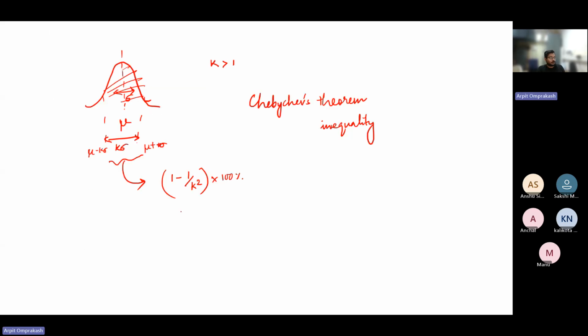This formula works for almost all distributions. Irrespective of whether your data is normally distributed or however it is distributed, this formula works because this is the minimum estimate. For example, if we use this formula to see what falls within two standard deviations, so k is equal to 2, we get 1 minus 1/2 squared times 100%.